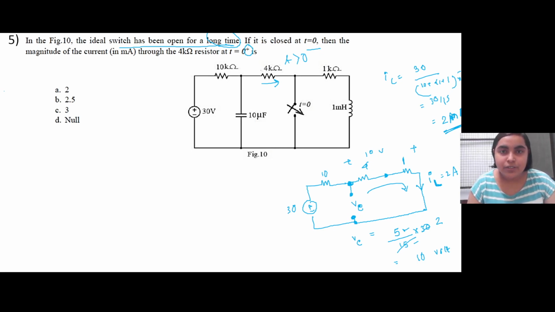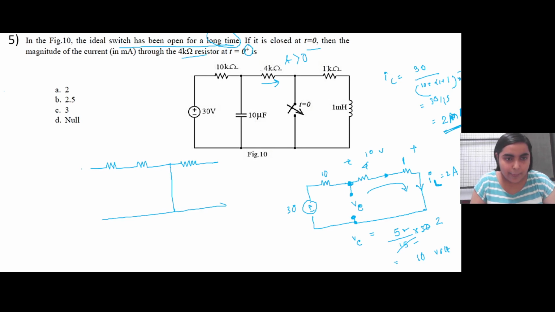But just at t equal to 0 plus, we have to find what is the current through this 4 ohm resistance. So what will it be? Let us just draw the circuit. Because this switch has been closed, the circuit is like this.